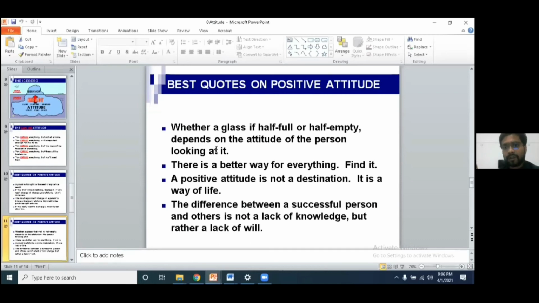Full. If you see the glass from the upper side, then you see that it is half empty. So your attitude depends on how you look at it, from the bottom or from the upper.